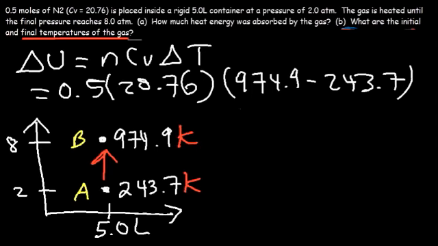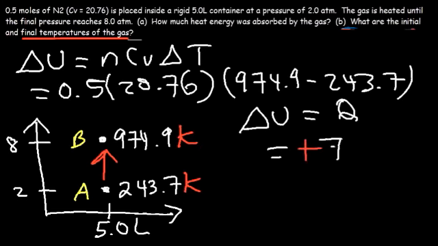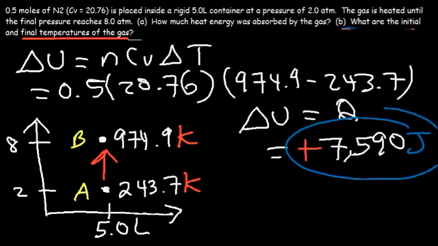So delta U, which is equal to Q in this particular process, is positive 7,590 joules, which is very, very close to the other answer of 7,588 joules.